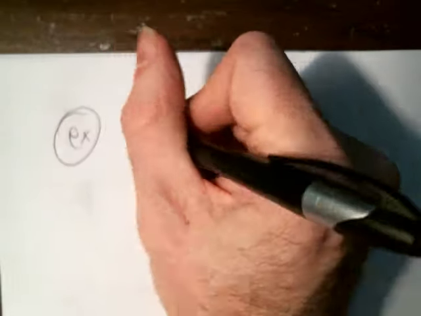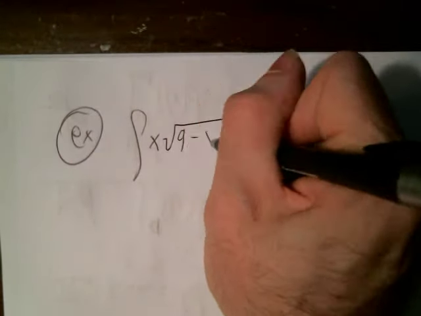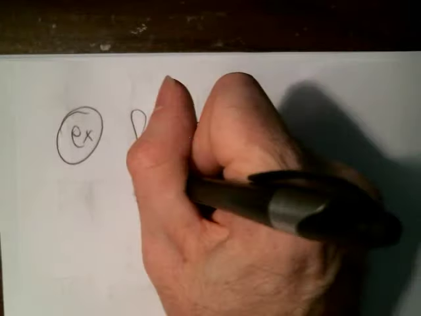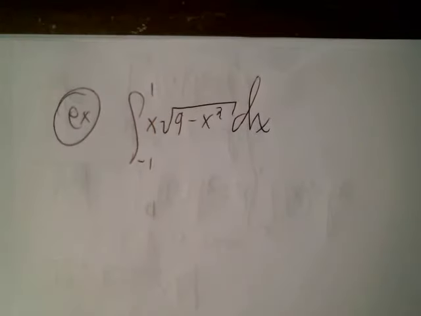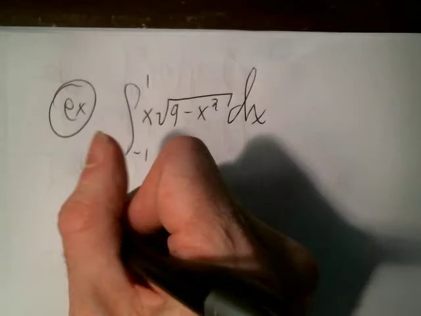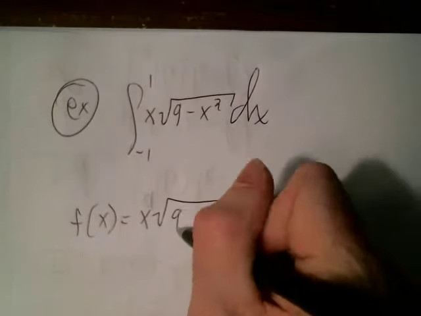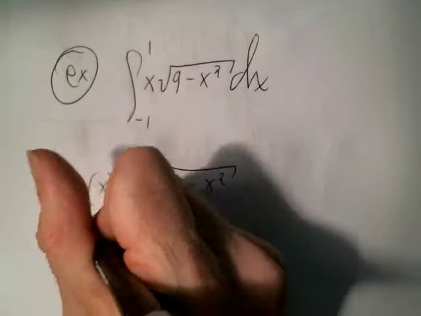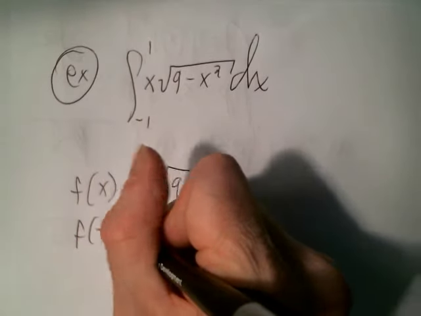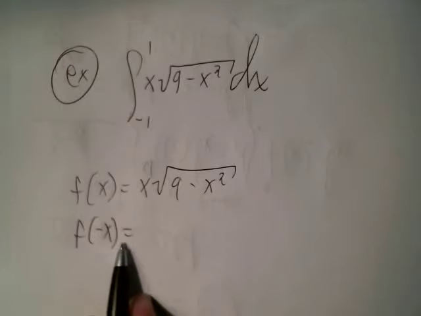Okay, so a simple example of that: the integral of x times the square root of 9 minus x squared dx from -1 to 1. You may be tempted to do a u sub for this, but note the function f of x equals x times the square root of 9 minus x squared. You do the test for oddness, which says if f of negative x equals negative f of x, then it's odd.